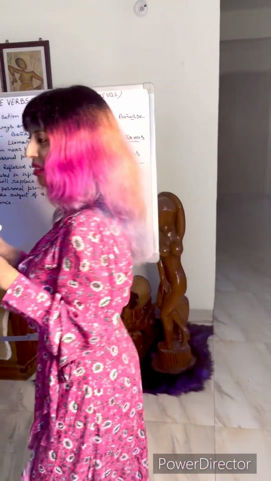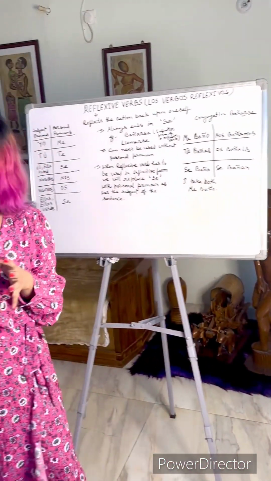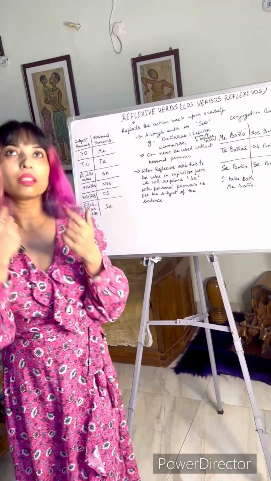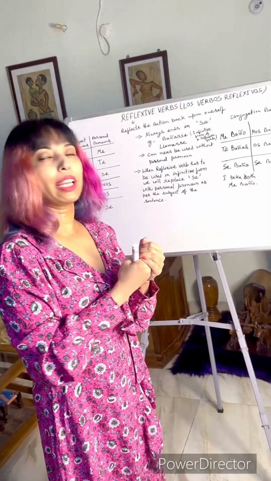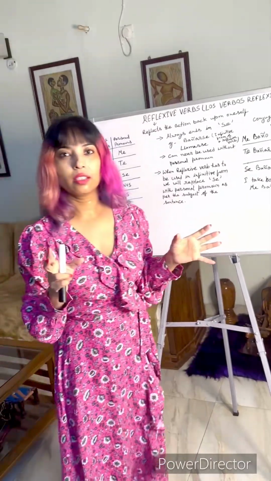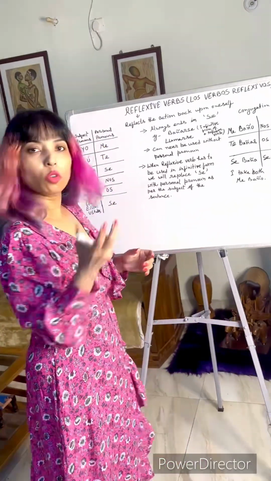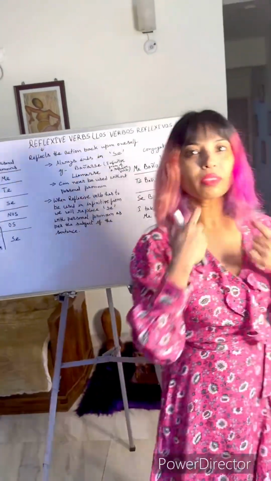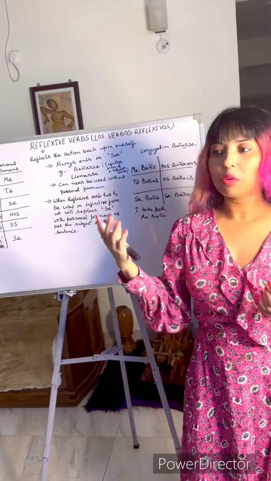They need a specification that the action is being done on the subject only. Like the verb, when I use the verb wash, lavar. Lavar means to wash. So when I use this verb lavar, I can be washing anything.